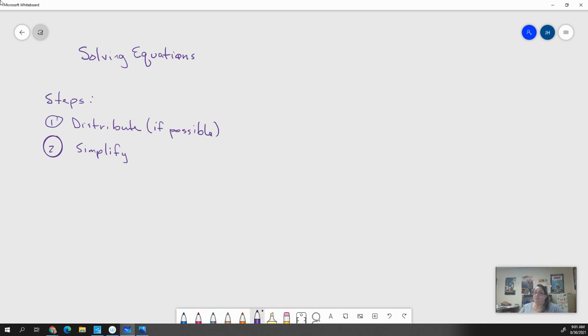When we say each side, we're talking about each side of the equal sign, right? How do you do that? Combine like terms. Reduce fractions where you can. All sorts of ways to simplify each side.